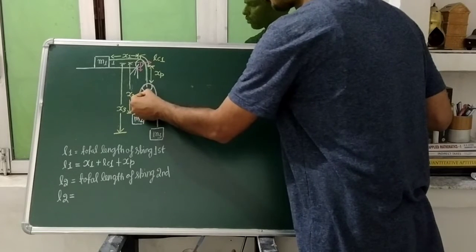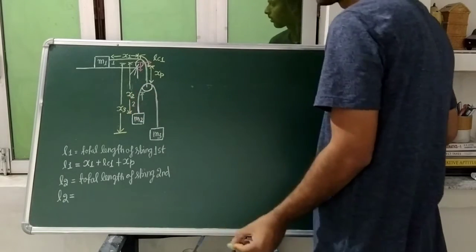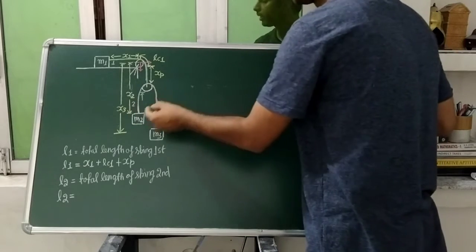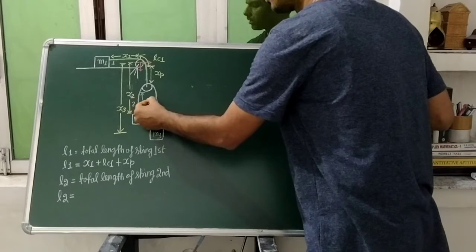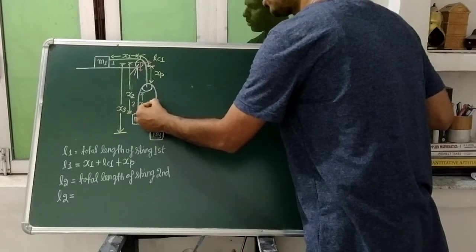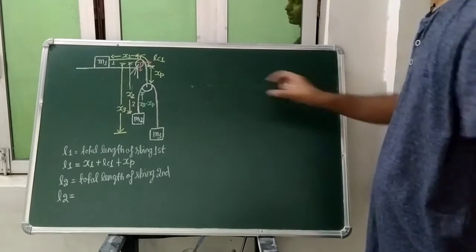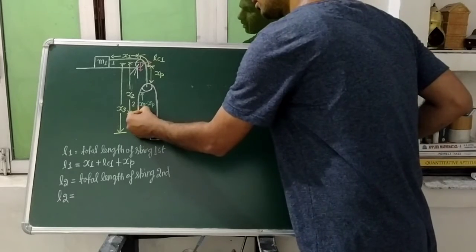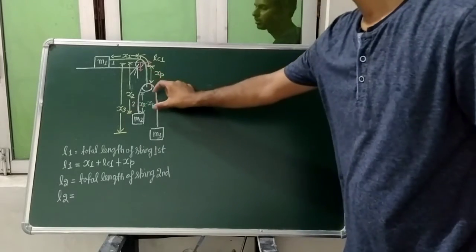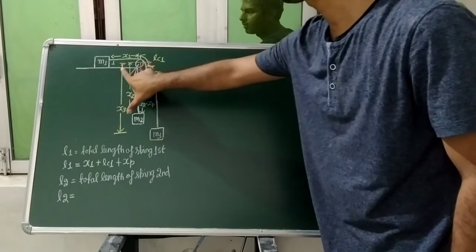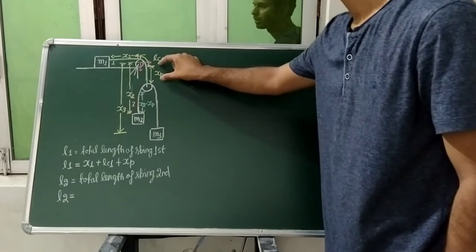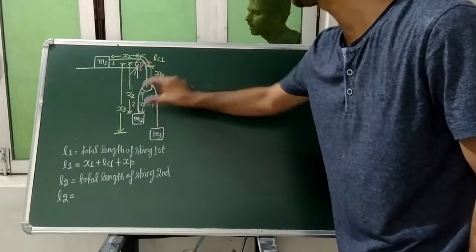The length of the string here should be equal to x2 minus xp only. This length of the string must be x2 minus xp. So when from that x2 you subtract xp, you will get this length.